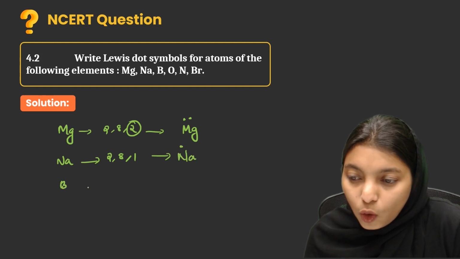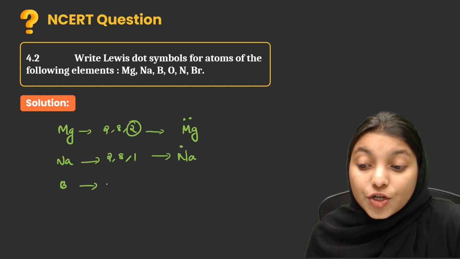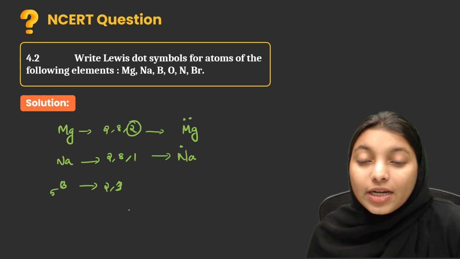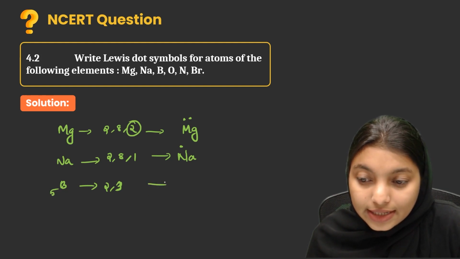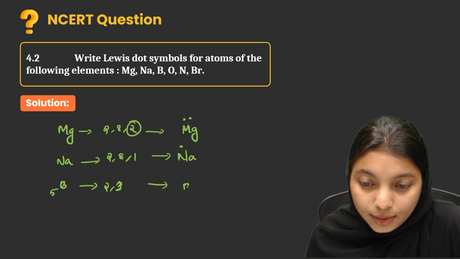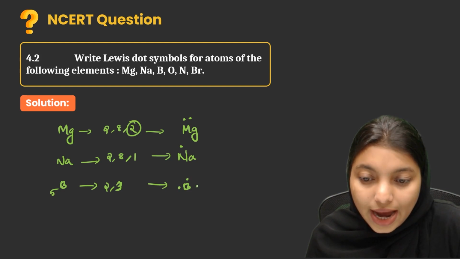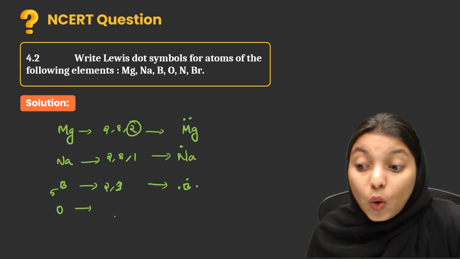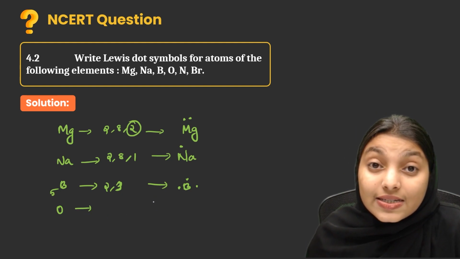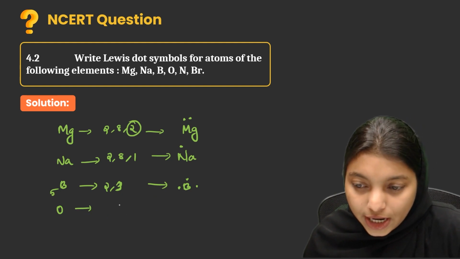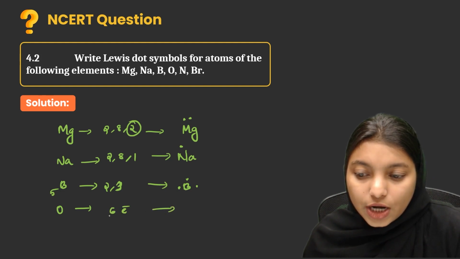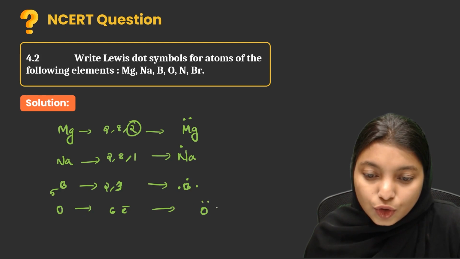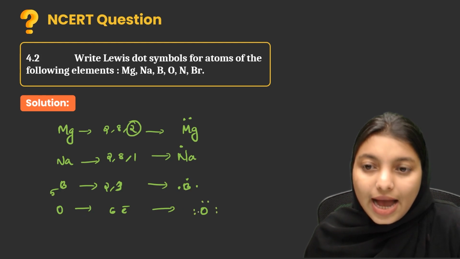Coming to boron, its atomic number is 5, so its electronic configuration will be 2, 3, and we write 1, 2 and 3. Oxygen is a 16th group element, so it has 6 electrons in its outermost shell, that is 2, 6 actually. So I'll be writing oxygen with 2, 4 and 6.